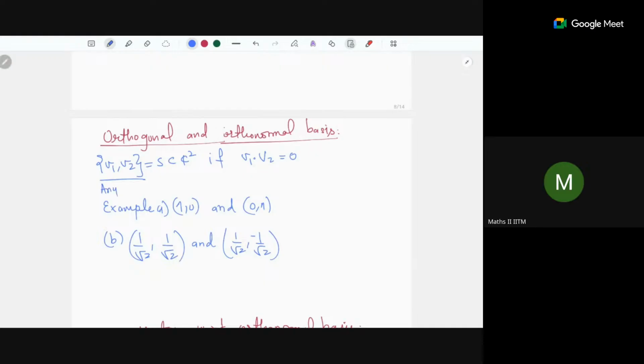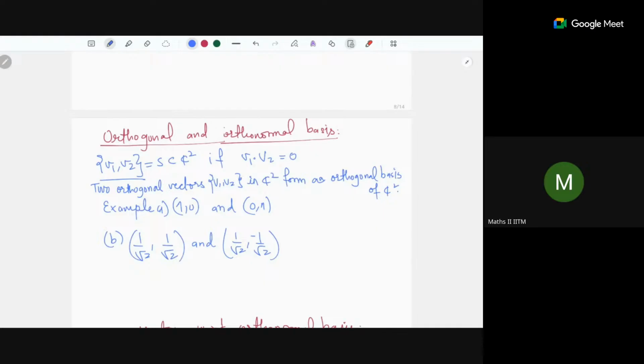So two orthogonal vectors in C2 always form an orthogonal basis of C2. For example, (1, 0) and (0, 1).